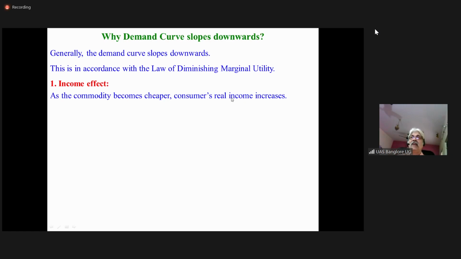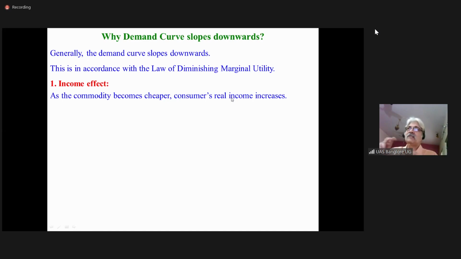Yesterday, while discussing wages, rent, interest, and profit, we saw that wages are classified as nominal wages and real wages, or nominal income and real income.